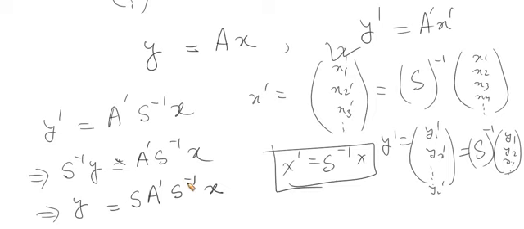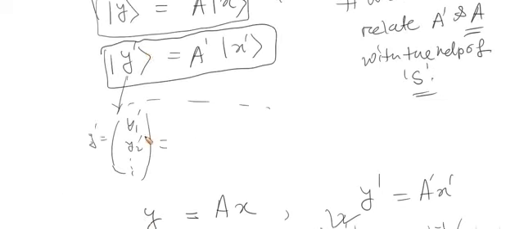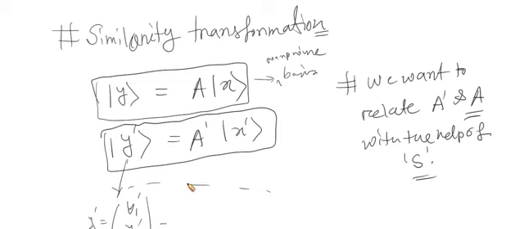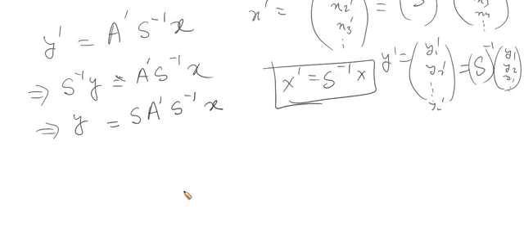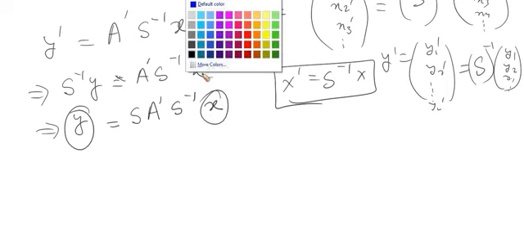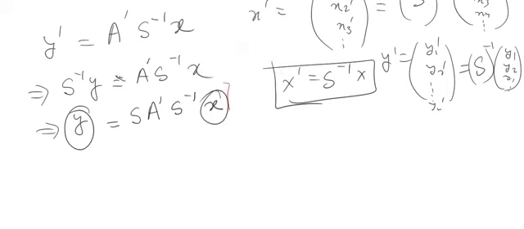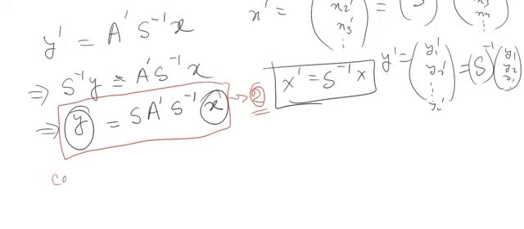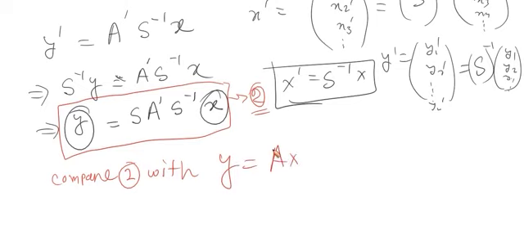So note that we are calling these operator equations basis independent, so they mean the same thing. So if you now compare, this is coming in terms of y on x. So let's call this equation 2, and compare equation 2 with y equals Ax.